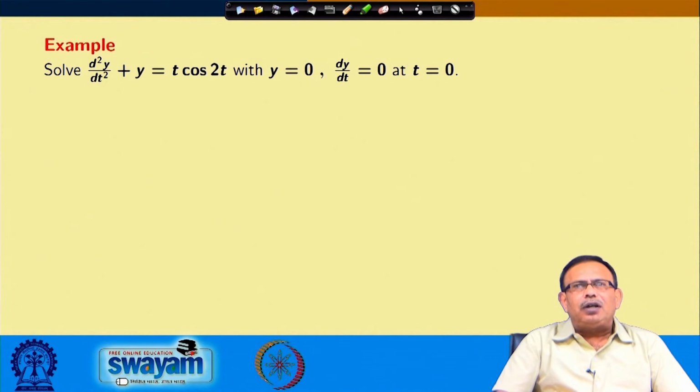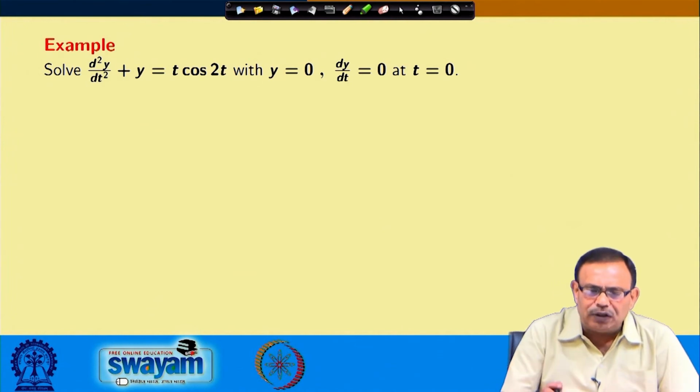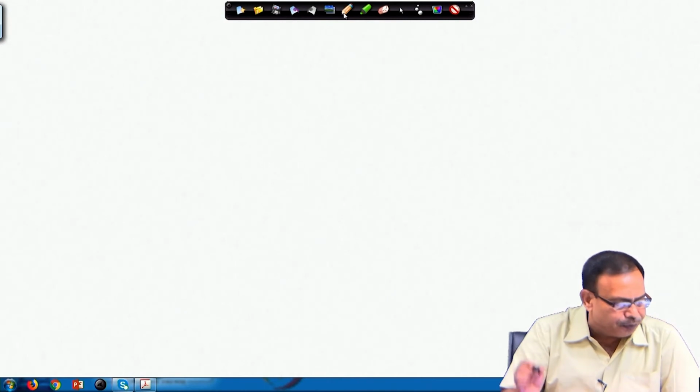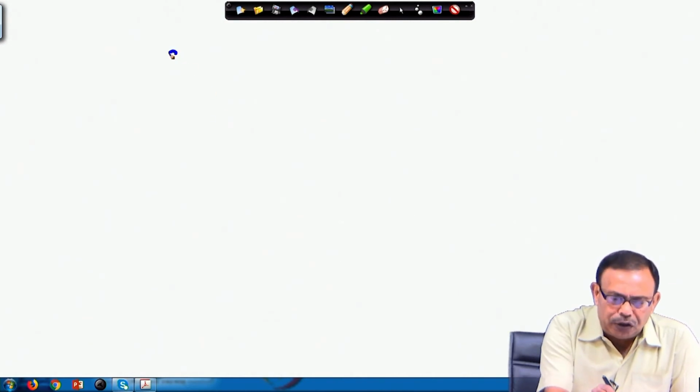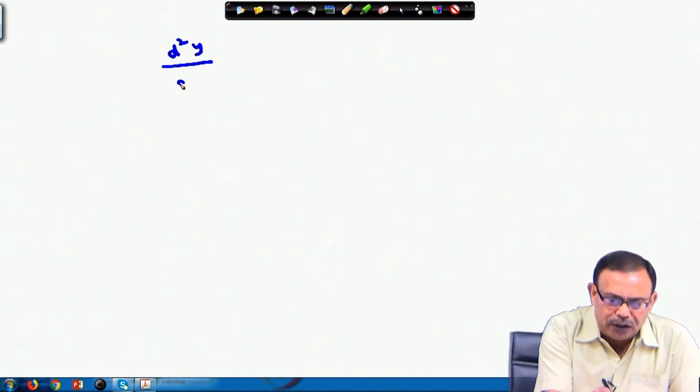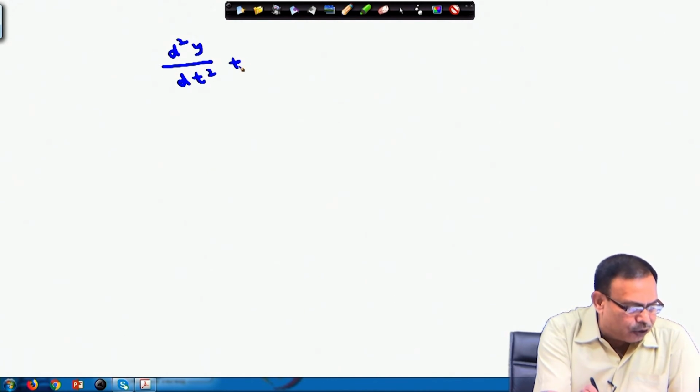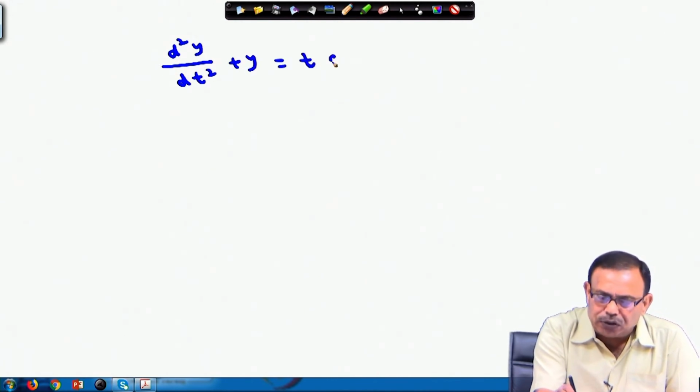So, I have to evaluate. See, in the first part what we did, there was only 0 on the right hand side of the given ODE. Now, we are solving the problem where on the right hand side of the ODE we are having a function of t also. So, your equation is d 2 y dt square plus y equals t cos 2t.